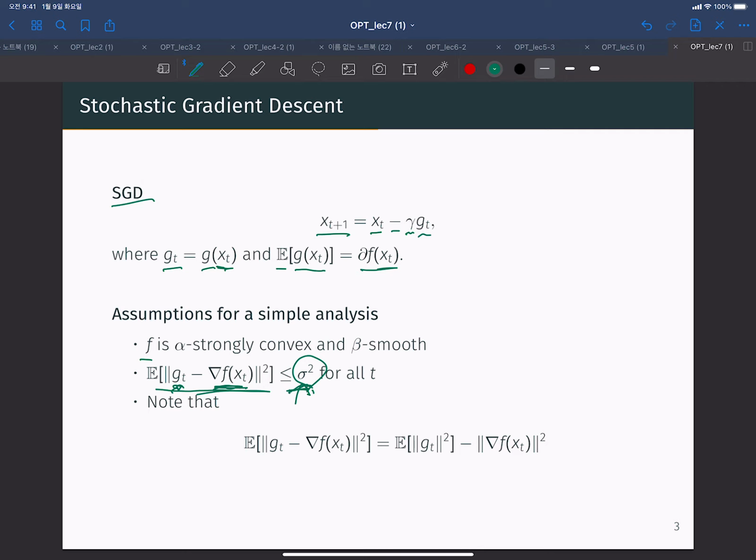But this is not allowed in practice, and also we always move the point x_t every time.